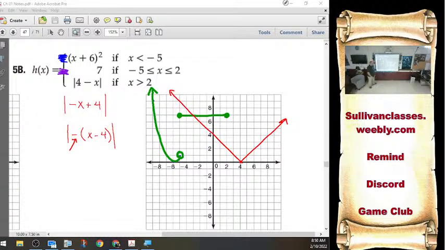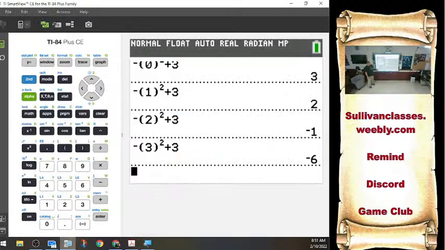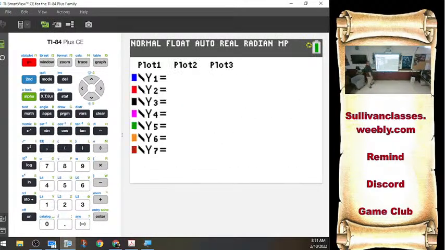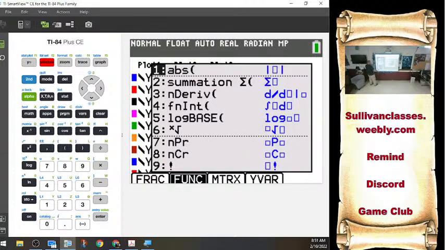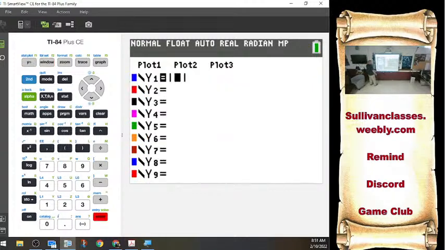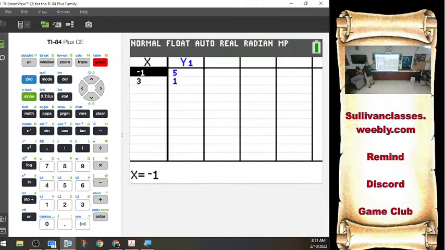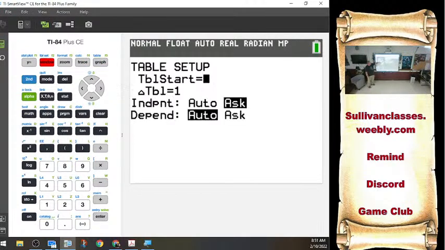Now, let's say you don't know transformations. You just see something that doesn't look right. There's nothing wrong with coming back here and saying a times abs of 4 minus x, and going to your table, put it back here.